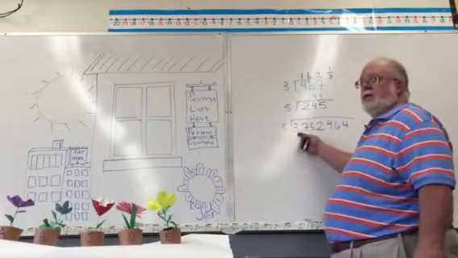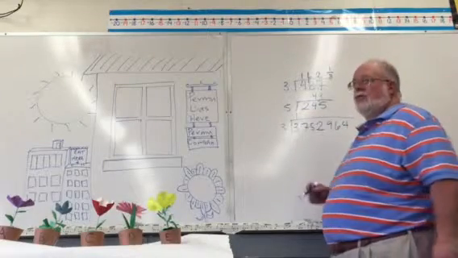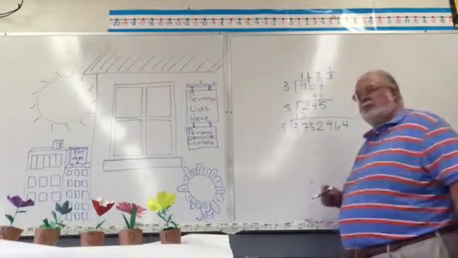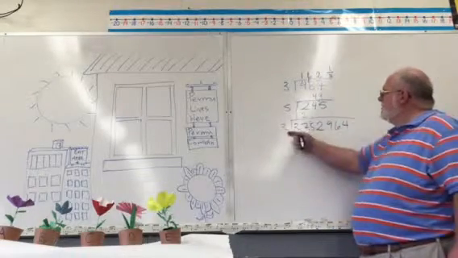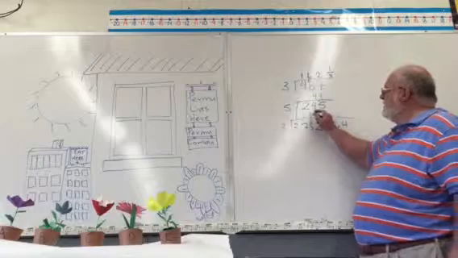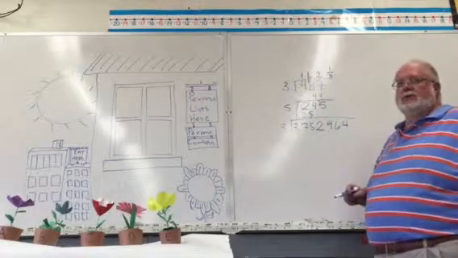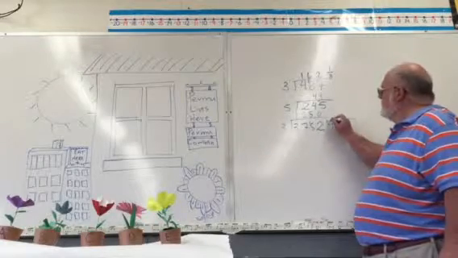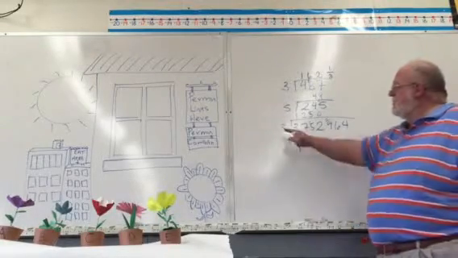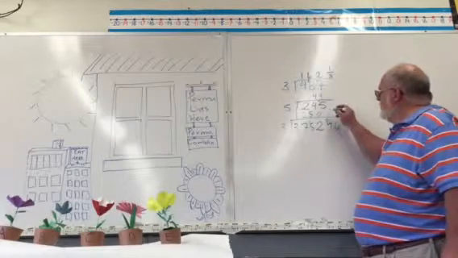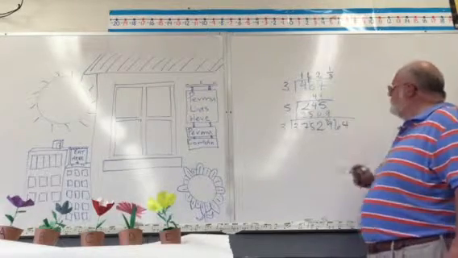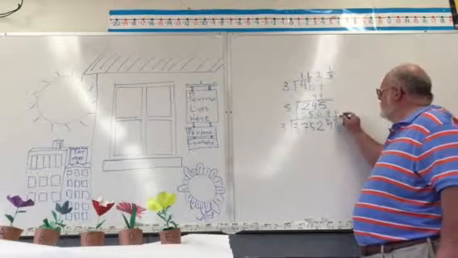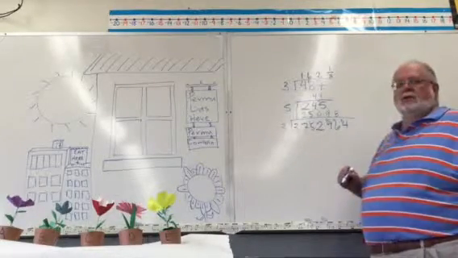3 goes into 3 one time with no remainders. 3 goes into 7 2 times with 1 remainder. 3 goes into 15 5 times with no remainder. 3 goes into 2 0 times with 2 remainder. 3 goes into 29 9 times with 2 remainder. 3 goes into 26 8 times with 2 remainder.